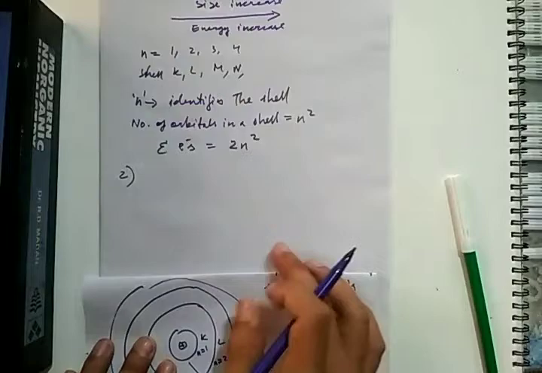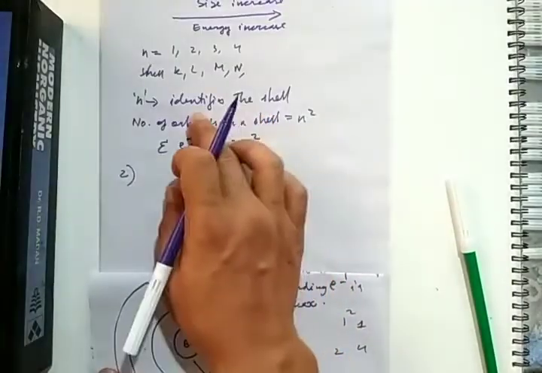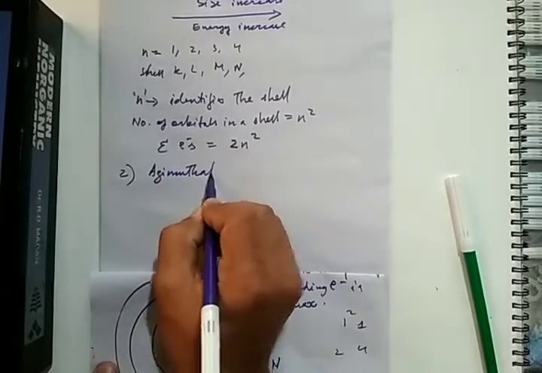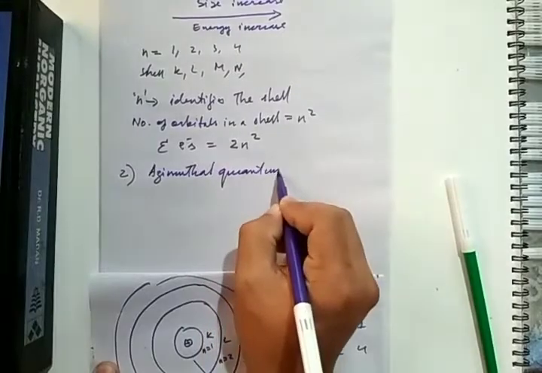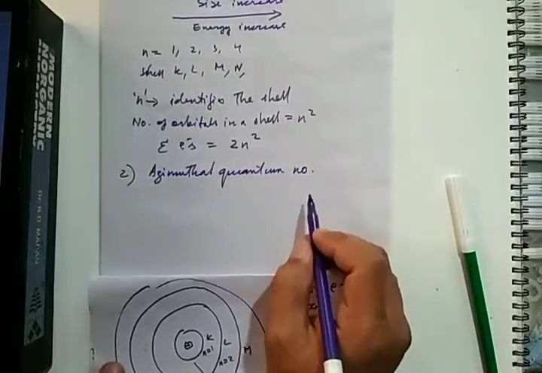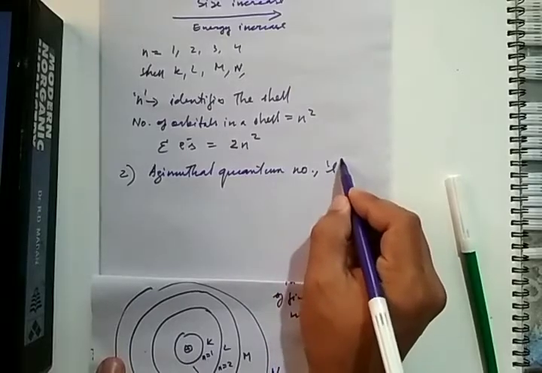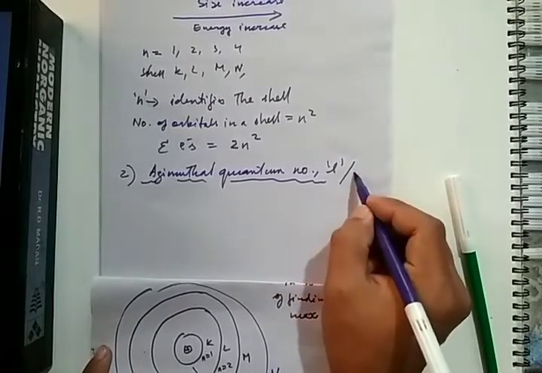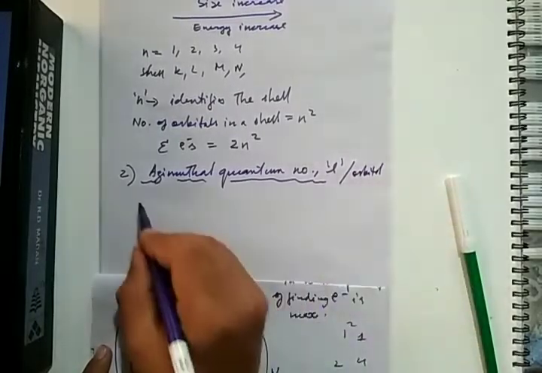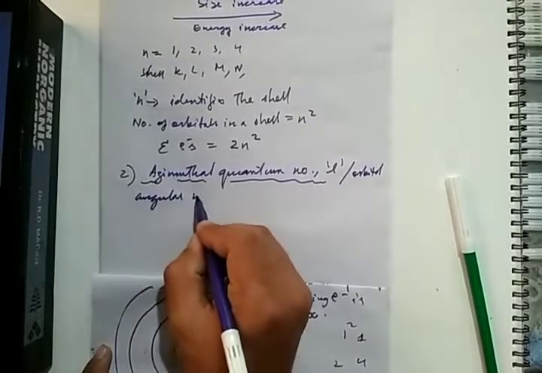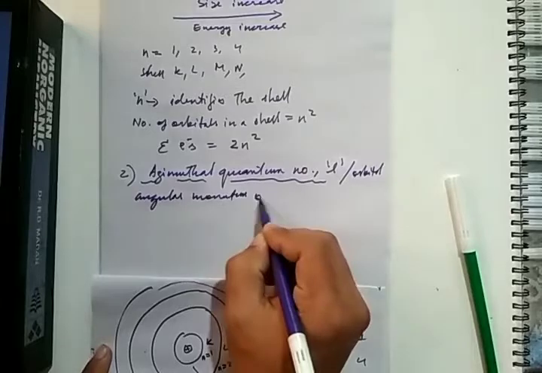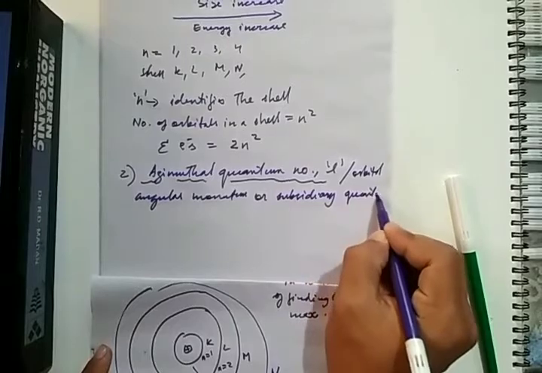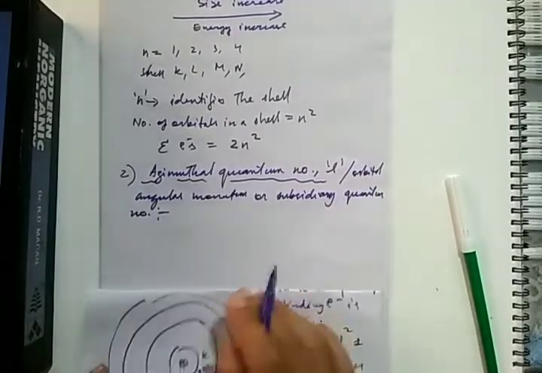Now, number 2. We have discussed the principal quantum number, which identifies the shell. Next is the azimuthal quantum number, represented by L. It is also called the orbital angular momentum or subsidiary quantum number.